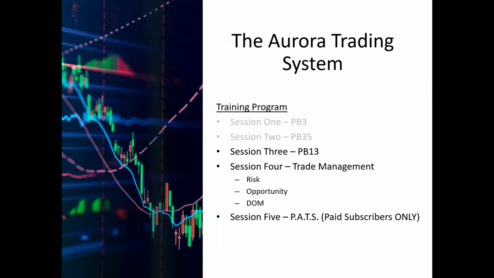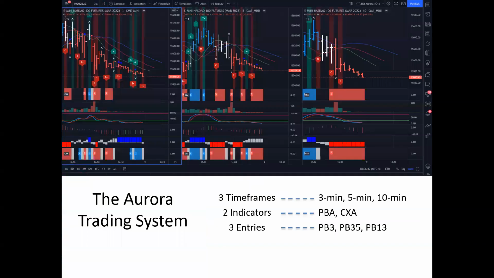In session 2, we talked about PB13, which is the second of 3 primary entry methods that we use. Both PB3 and PB13 entry methods are what we refer to as catch trades. And here we are in session 3, and we're going to be talking about PB13, which is a trending trade.